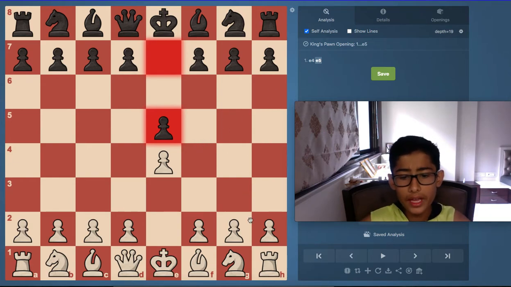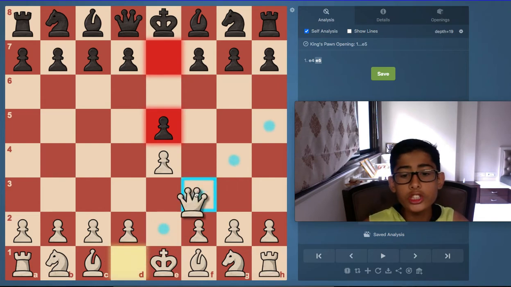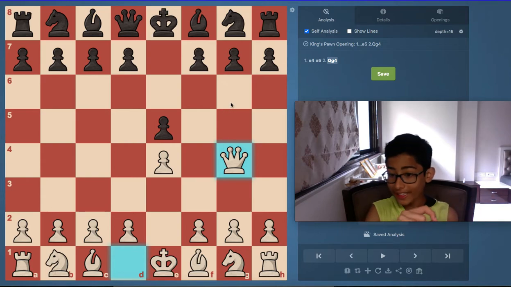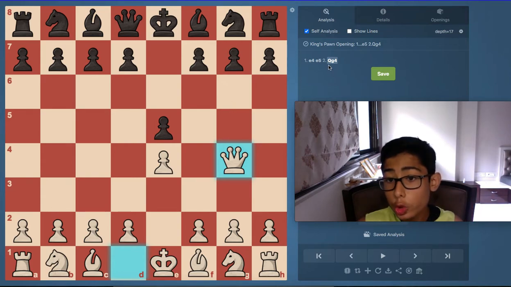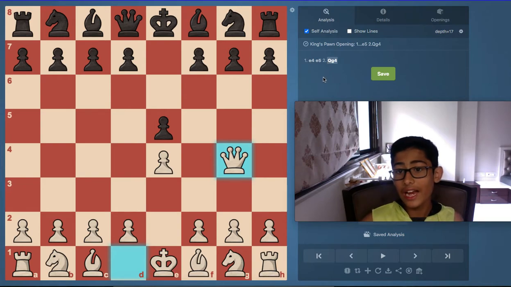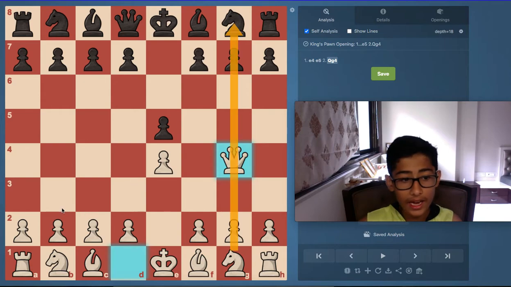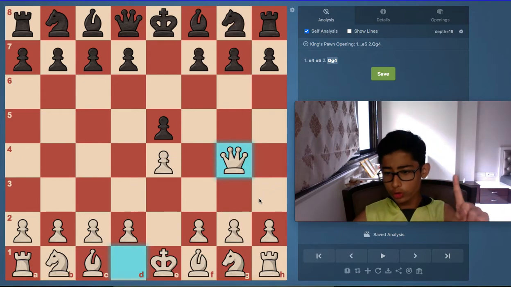Now imagine we play something like Queen G4. Imagine. So what is this? In chess notation, if you want to write that move, we write Q in capital letter and then g4. Why? Because we are going to the G file and the fourth rank.